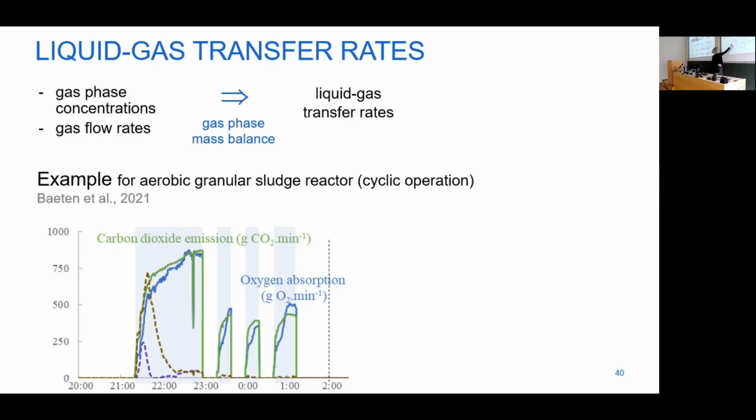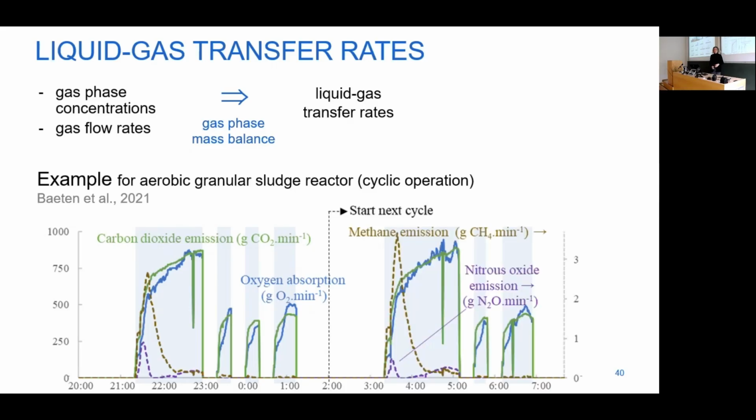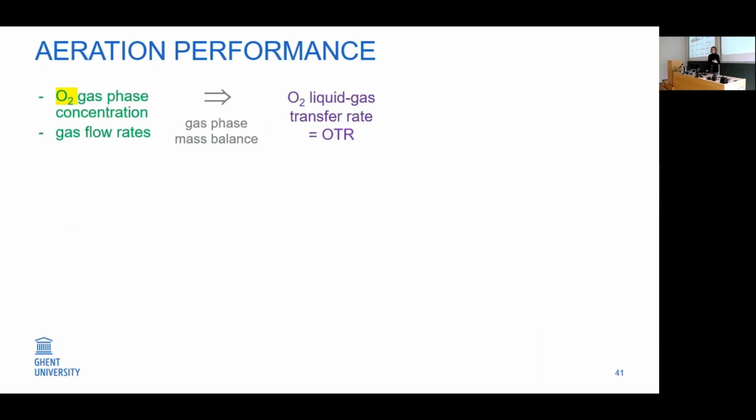Both of them are coupled because they are connected through the conversion of organic material. Also, methane emission profiles can be seen, and N2O emission profiles. The methane emission profile here is the typical stripping profile. The N2O emission profile is different. It results from biological production. The whole footprint. We can calculate liquid gas transfer rates for any components. We can also do it specifically for oxygen.